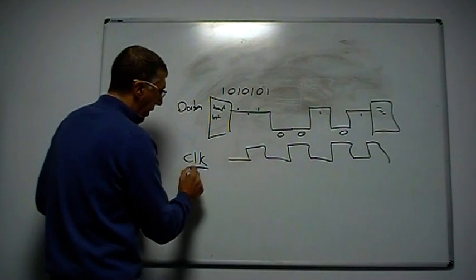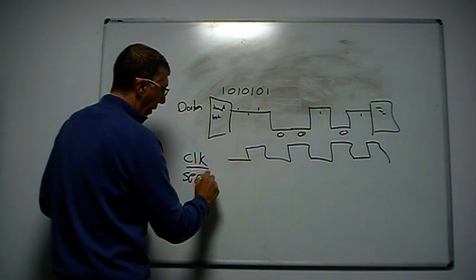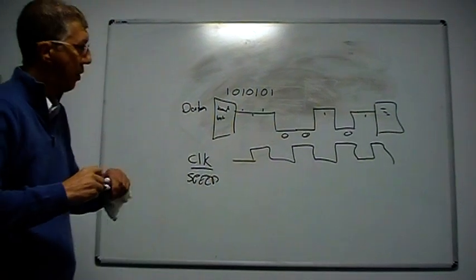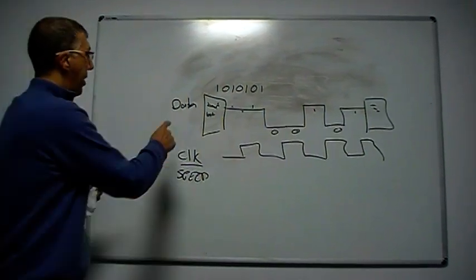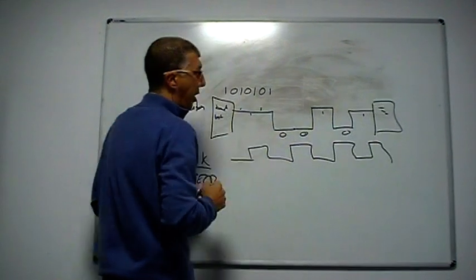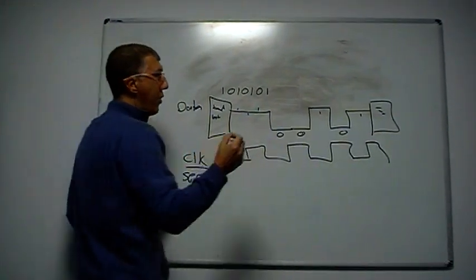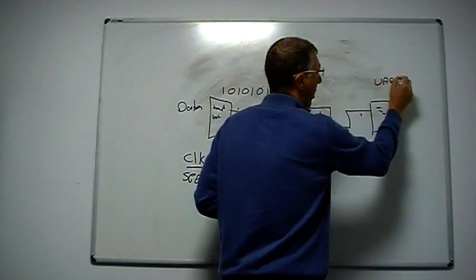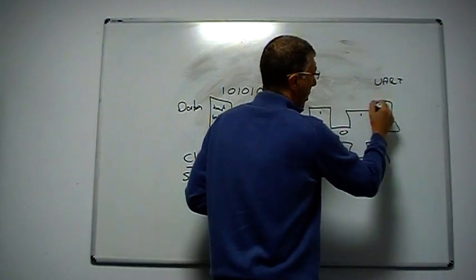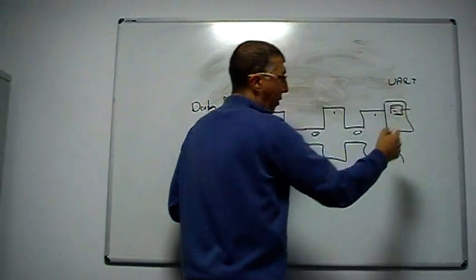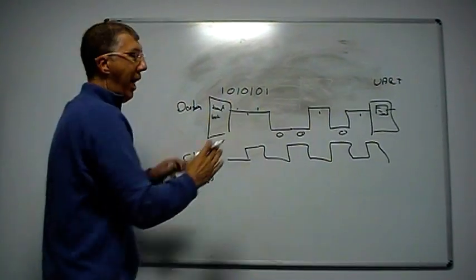This is the bit that sets the speed. The baud rate, the bit rate, depending on what we're talking about. The data bits go across. Now, in RS-232 you have something in here called a UART, which takes the data and sends it into the rest of the printer. Here we don't have that.